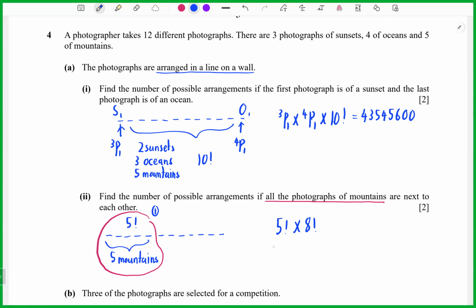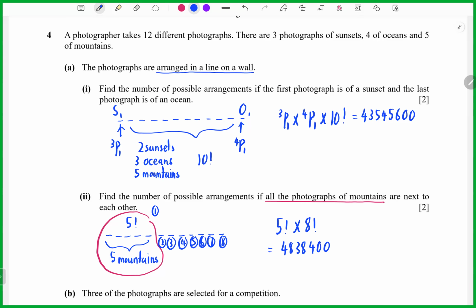Labels 1, 2, 3, 4, 5, 6, 7, 8. So the answer will be 4,838,400.